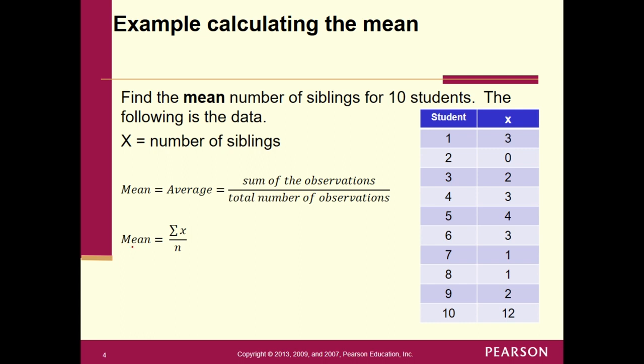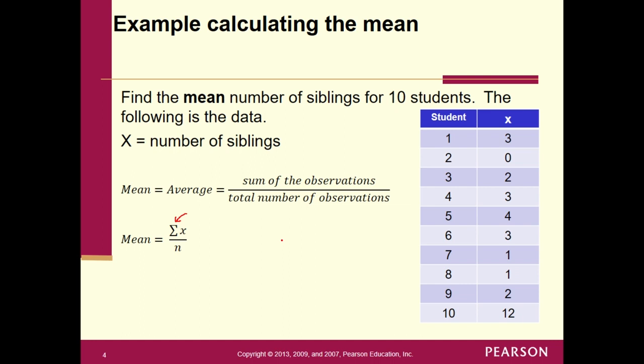All right. So the way we would calculate a mean is that we would take the summation of x divided by n. If you've never seen this symbol before, that's a capital sigma sign. Okay, capital sigma. It's a Greek letter. And anytime you see that in a formula, it means to sum.